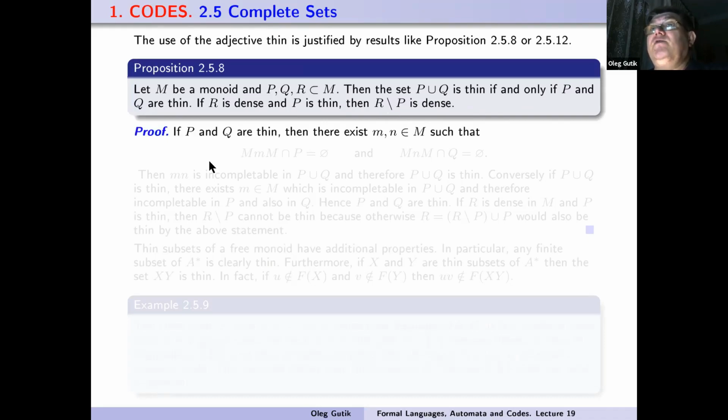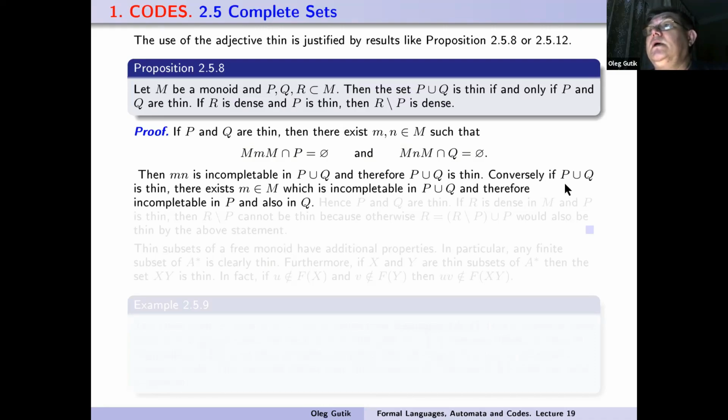Proof. If P capital and Q capital are thin, then there exist elements m and n from M capital so that the following two conditions hold. Then the element mn is incompatible with the union of P capital and Q capital, and therefore the union of P capital and Q capital is thin.